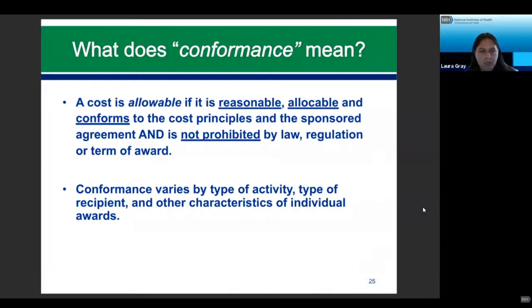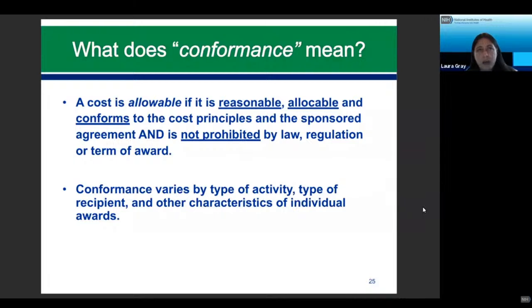It also is conforming for different mechanisms. So for instance, in NIH conference awards, it's unallowable to charge for meals. So consistently, your organization should not be charging meals on conference award mechanisms.